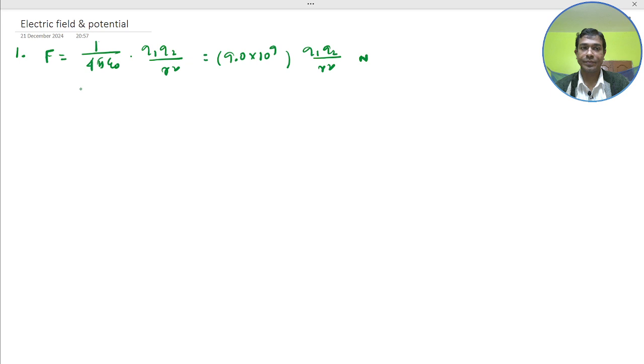The second one is Coulomb's law in vector form.